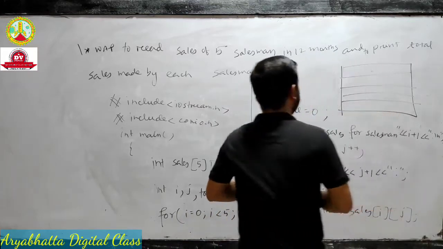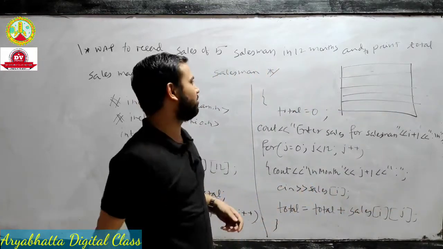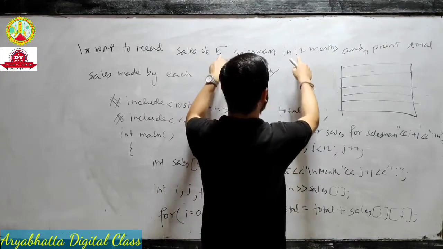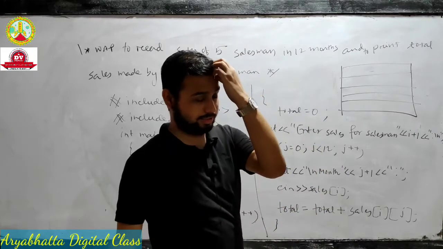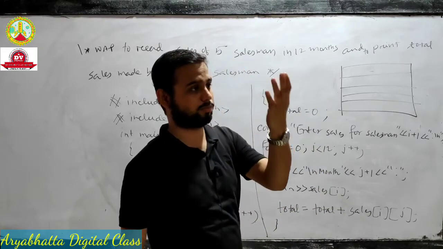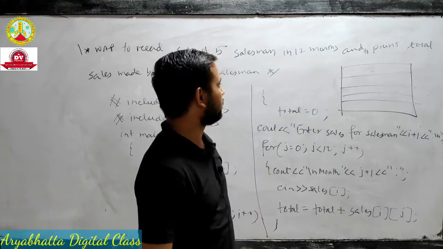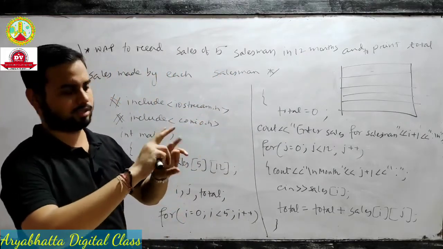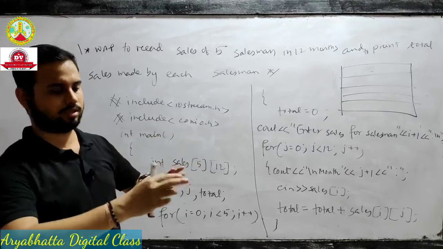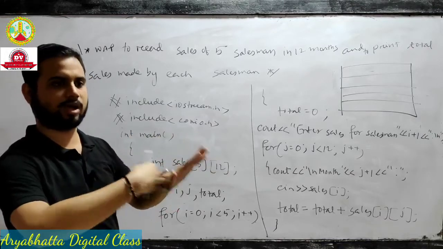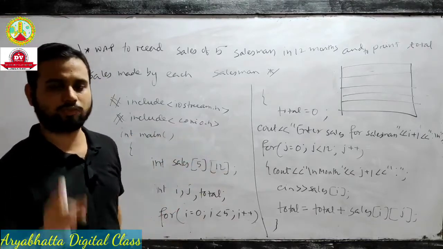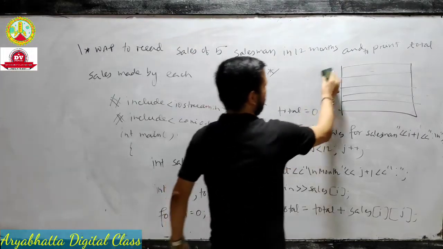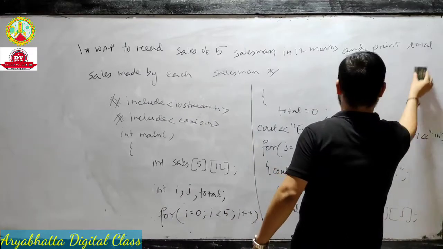Their sales for 1 year means 12 months, so 5 times 12 is 60 elements we have to input in total. One salesman 12 months, second salesman 12 months, third salesman 12 months, like that for 5 salesmen, 12 months means 1 year. This is the objective of the program.